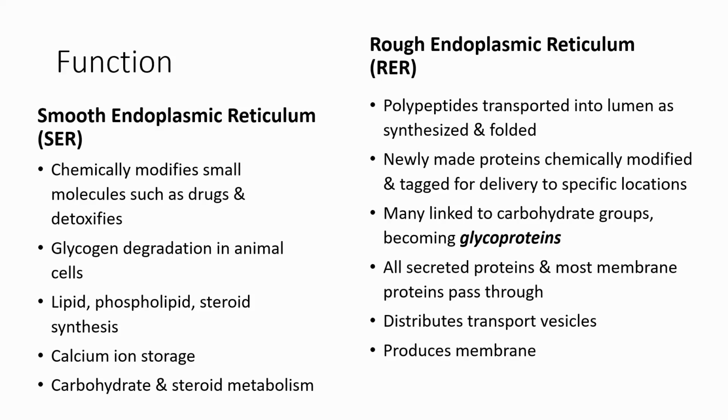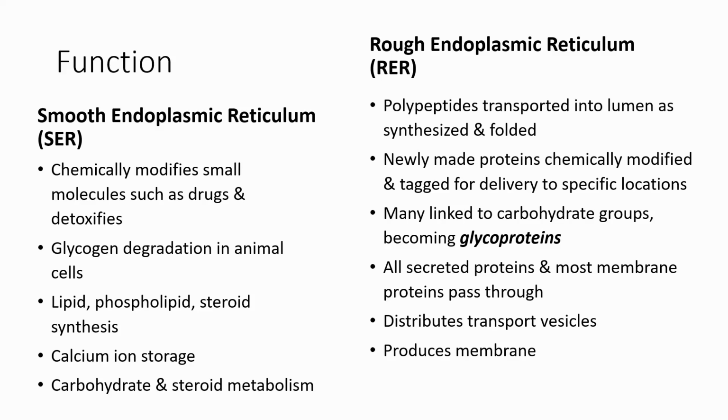Smooth ER, on the other hand, generally works more with lipids. It does not have any ribosomes attached to it, and it also looks a little different, which we'll talk about on one of the next slides when we look at some pictures. So it also detoxes, so it can detoxify harmful chemicals.